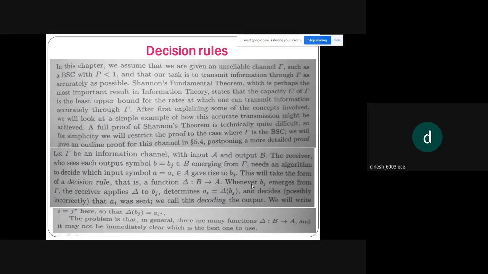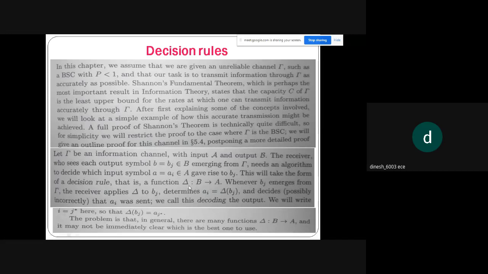Okay, so how do we take a decision on this? A decision such that it will encode, or a proper information rate can be determined, is by applying this. So that decision is taken by the decision rule, that is del, where B is obtained from A. So this is a decision rule.